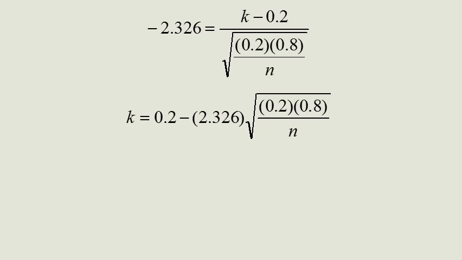Now I have to think about the definition of rejection. Since this is a left-tailed hypothesis, we would only reject if the sample proportion, p hat, is less than k. Sorry, this should say p hat.